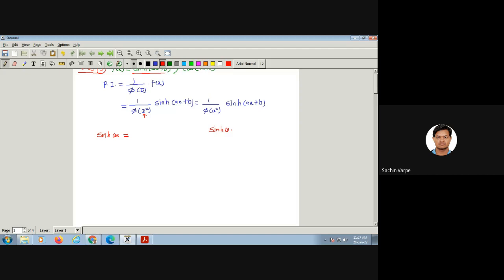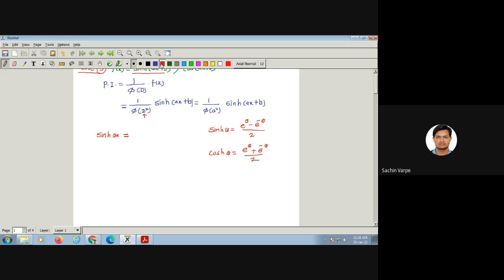It is e to the power theta minus e to the power minus theta upon 2. And similarly, hyperbolic cos can be written as e raised to theta plus e to the power minus theta upon 2. Yes or no? So these are the hyperbolic functions in terms of exponential function.